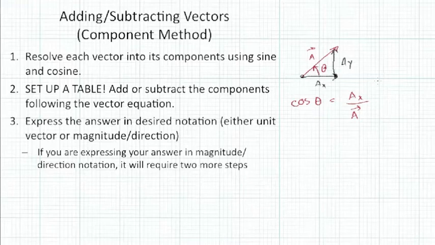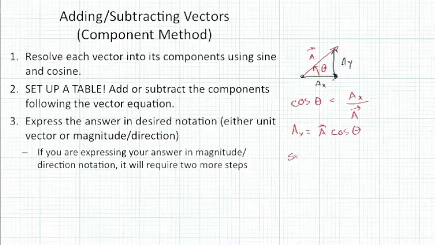But let's now just solve for AX. So the X component of A is simply, if we bring the vector A up next to the cosine, the vector times the cosine of the angle as measured from the horizontal. To solve for AY, we're going to use the sine. Why? Because AY is the opposite, and sine is opposite over hypotenuse.